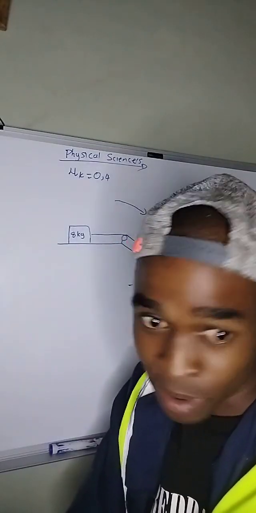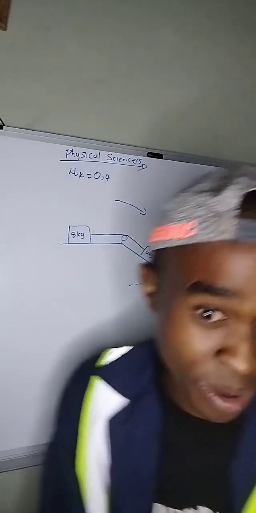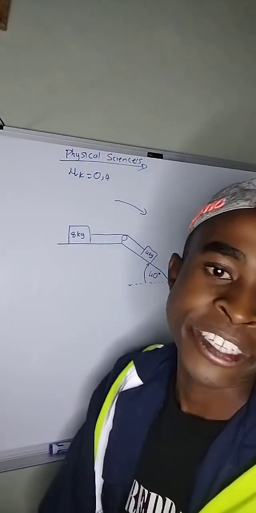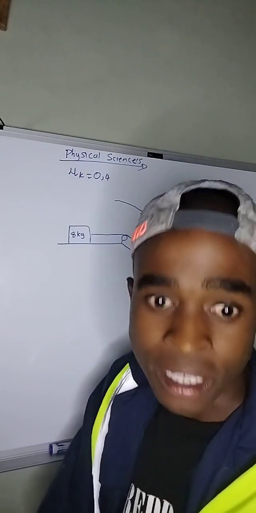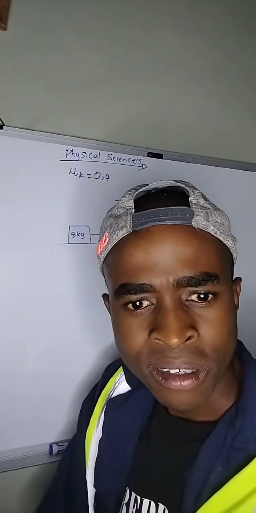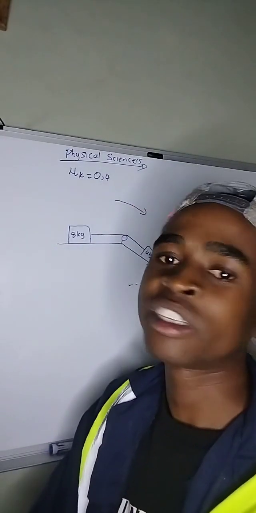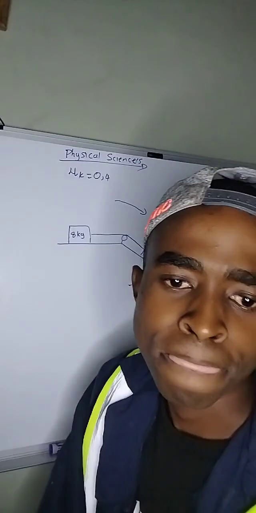Now I answer every comment, more especially from people who need to know the content. Guys, tension will never be a force applied. If tension can be a force applied, we might as well say the normal force is a force applied.